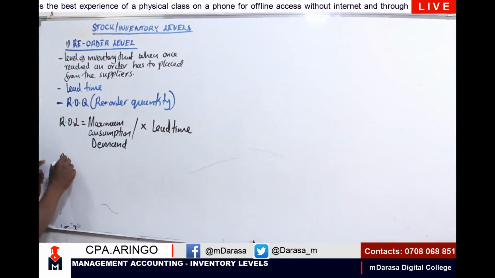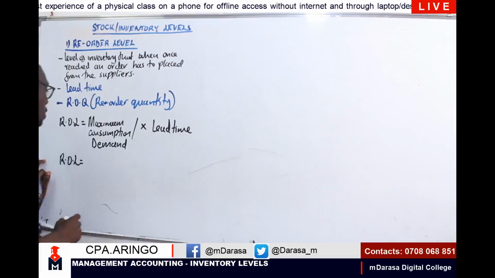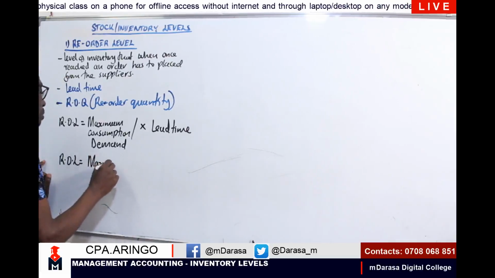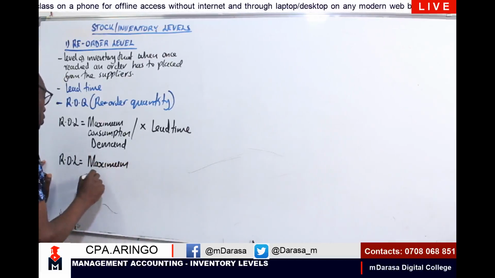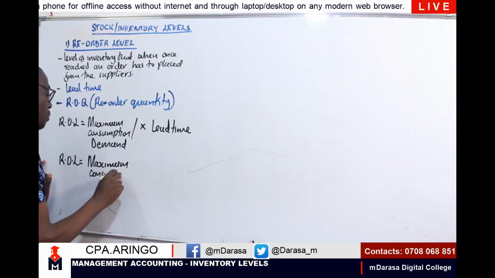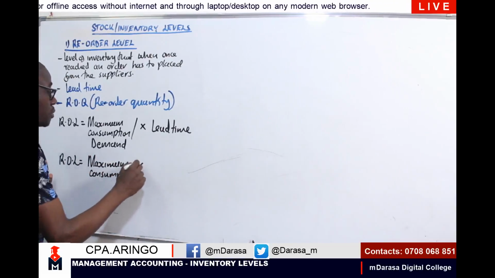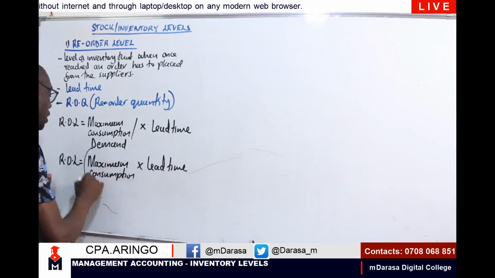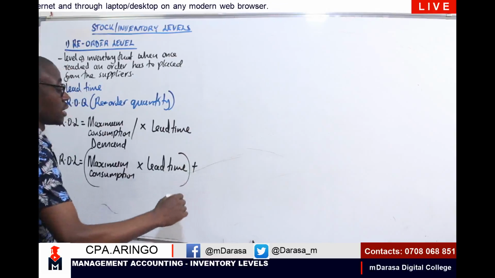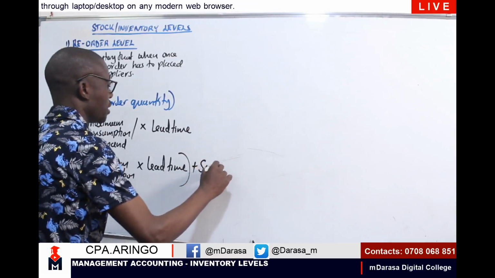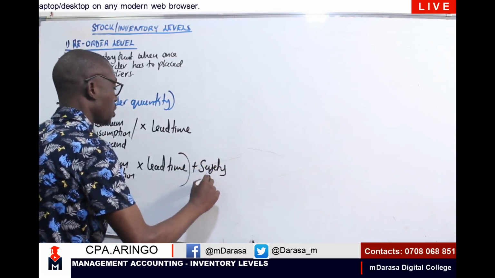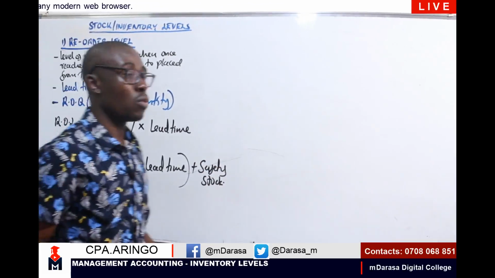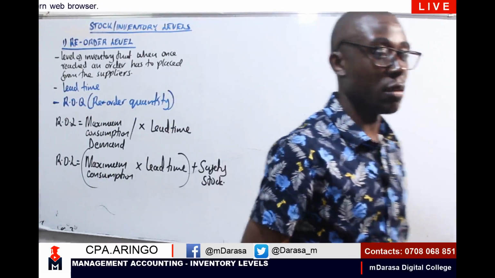We are going to determine it by taking our maximum consumption times, of course, our lead time. What you are going to incorporate here, my good student, is the safety stock that the company is maintaining. This is in the event that the company is maintaining safety stock.